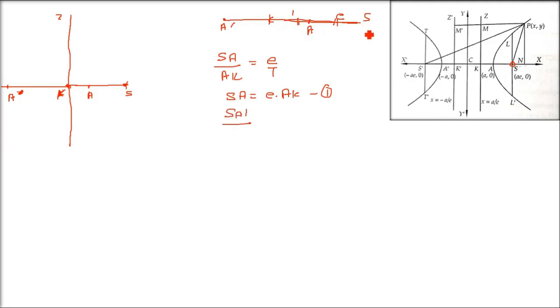So SA dash by A dash K, the total line SA dash divided by A dash K, that is, K extended to A dash, is equal to E is to 1. As I told you, internal, external, you need to know how to divide the line. So again, let's cross multiply. SA dash is going to be equal to E into A dash K.